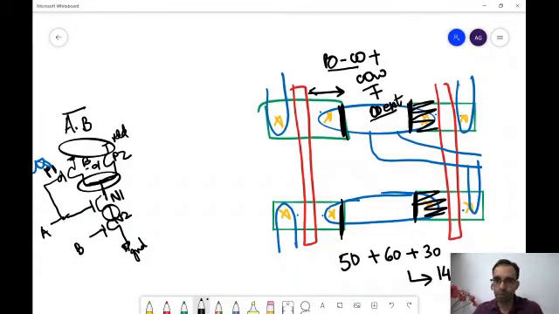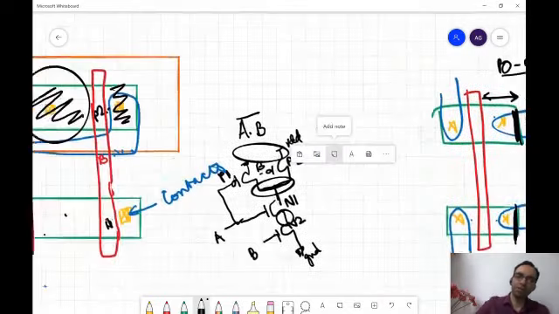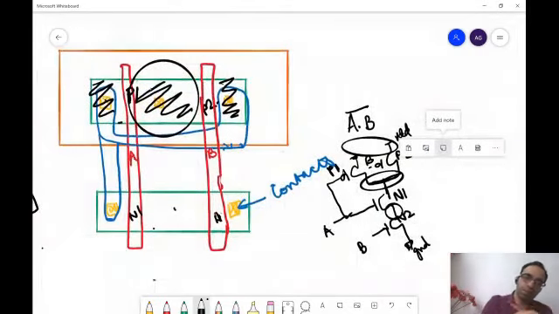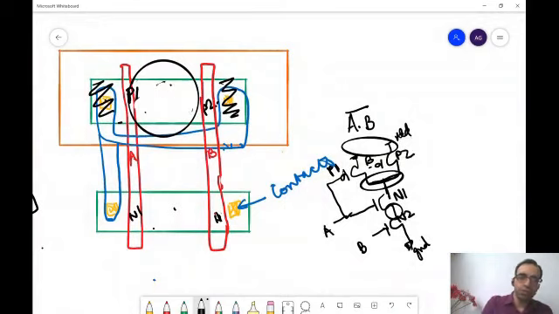Okay. Now let us come here. In this region, we are putting one contact. So what is the spacing between these two polys? Poly to contact plus contact width plus poly to contact.